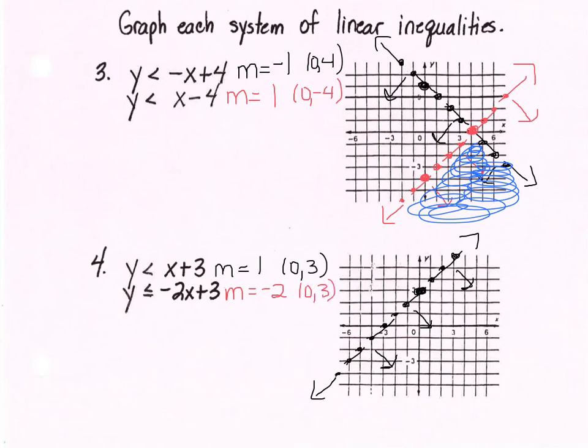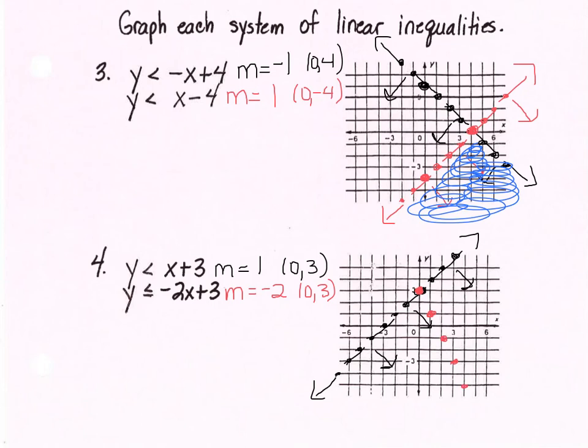Again, if I was solving a system of equations, I'd be interested in that first point because that's where things touch. But I'm interested in where the shaded regions overlap when I'm doing inequalities. My slope is -2, so go down 2 and right 1, and continue to go down 2 and right 1 as many times as you can.